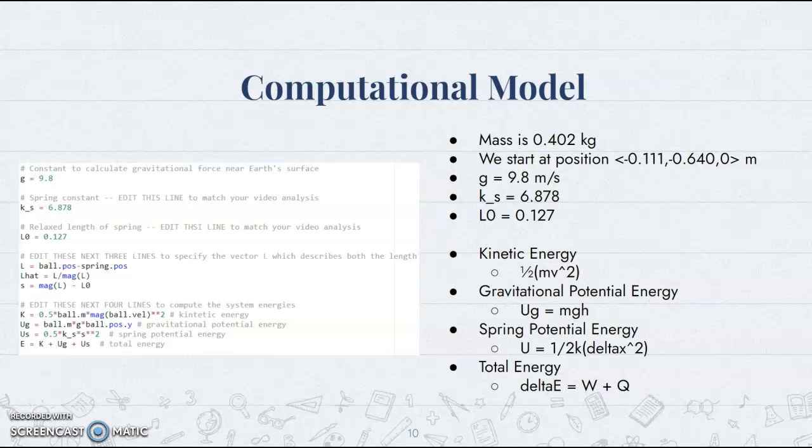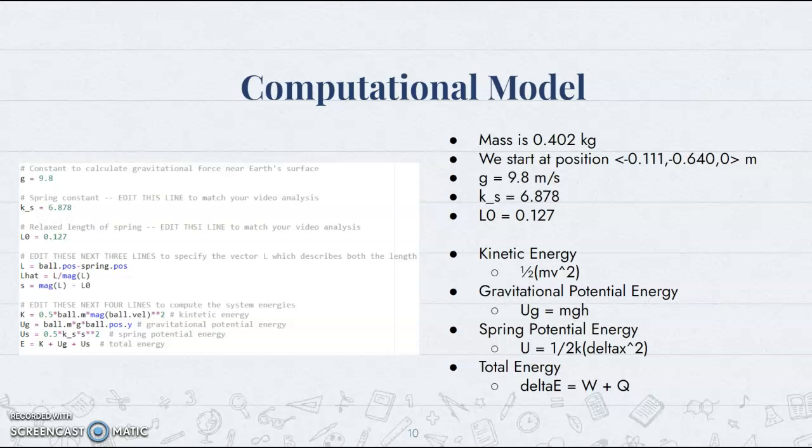In our computational model, we inputted the mass as 0.402 kilograms and initial position of <-0.111, -0.640> meters. I then filled in our gravitational constant g as 9.8 meters per second squared, k as 6.878, and L naught as 0.127, which we obtained from calculations shown in the previous slide.